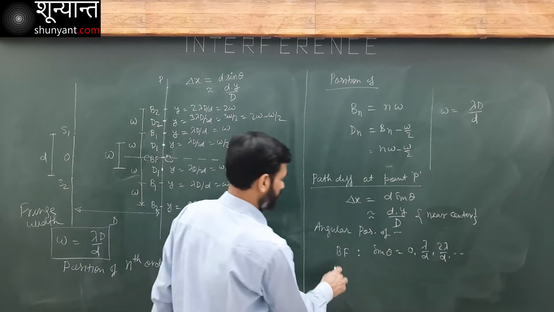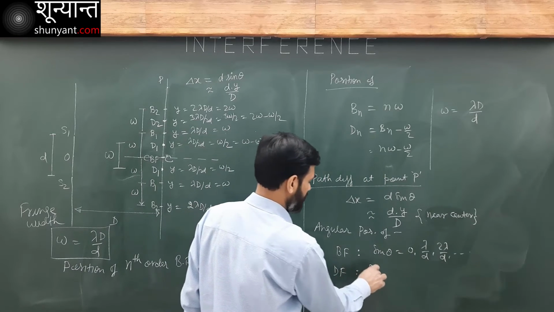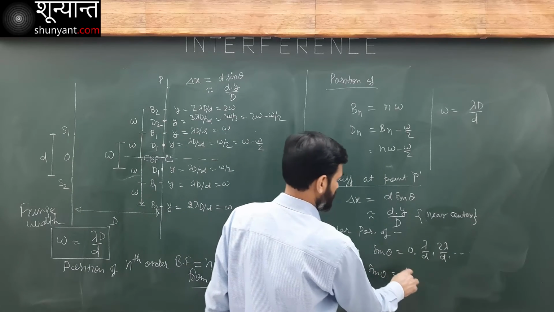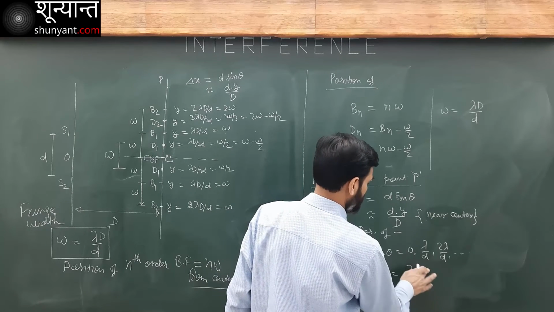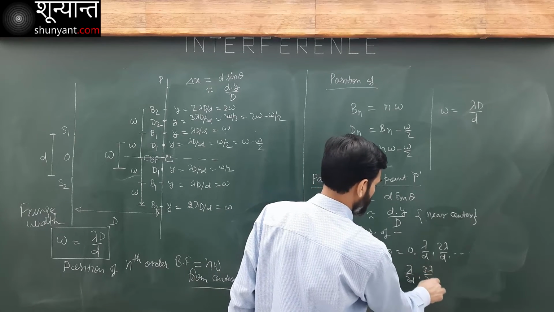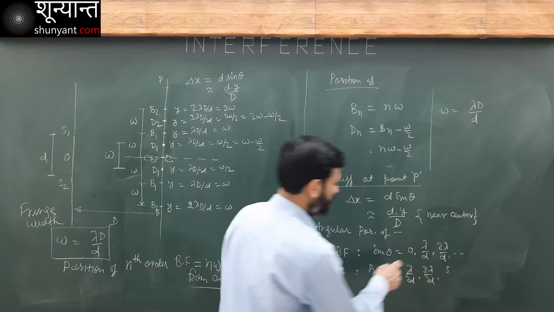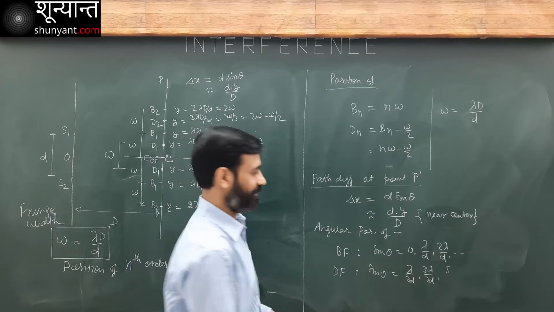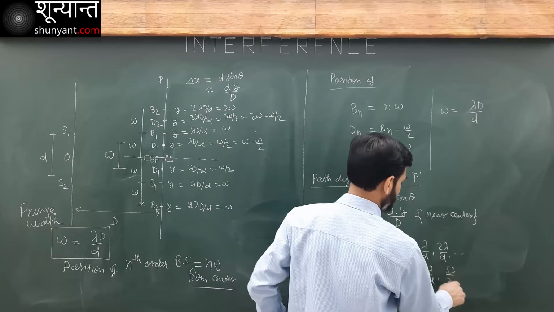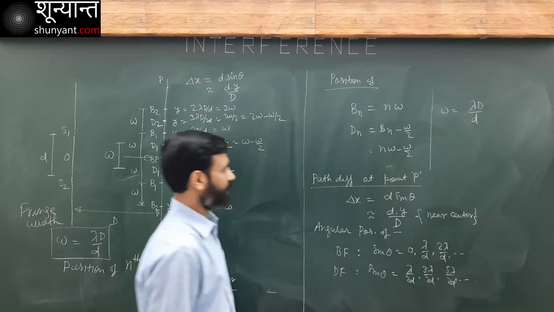For dark fringes, sine theta is lambda over 2d, 3 lambda over 2d, so between two bright fringes I have a dark fringe, then 5 lambda over 2d and so on. This is the linear fringe width.